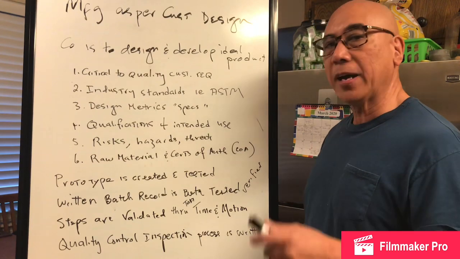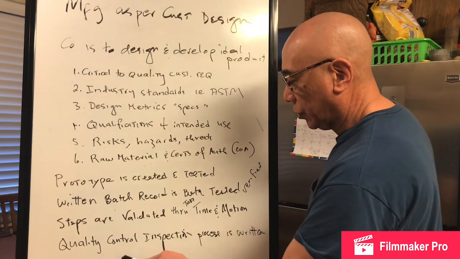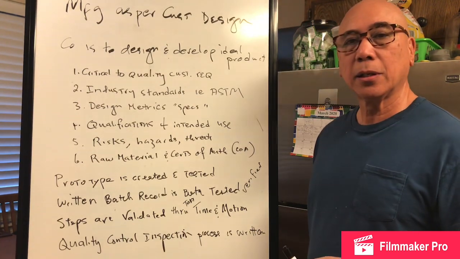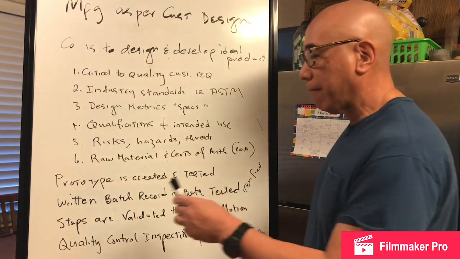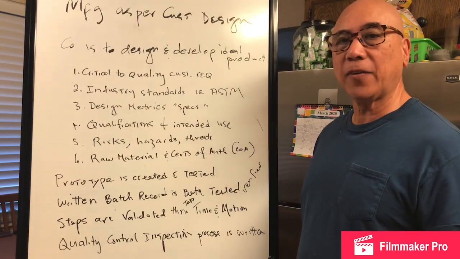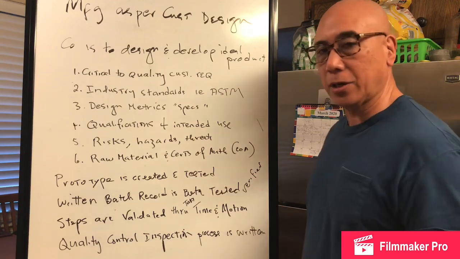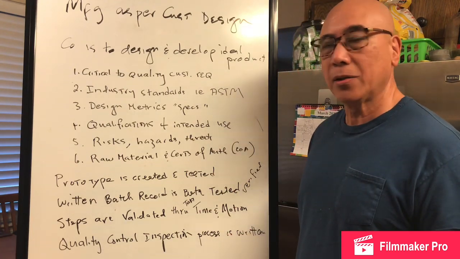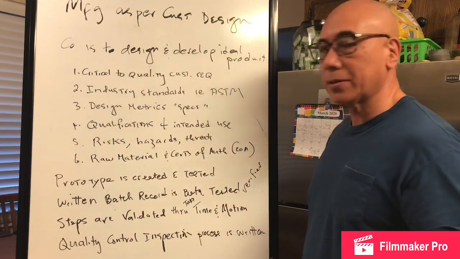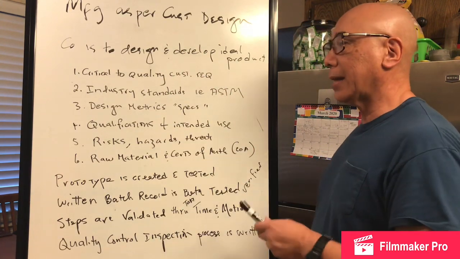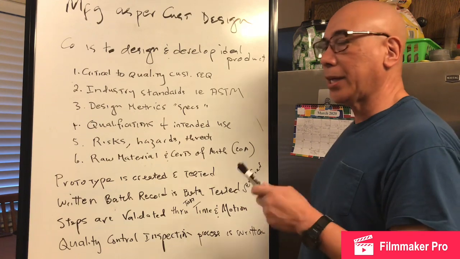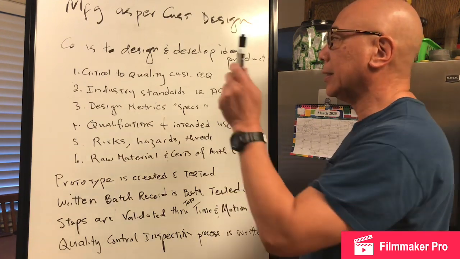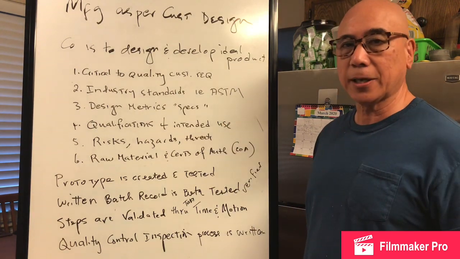Okay. Finally, a quality control inspection process must be written and followed so that it verifies and validates that the batch represented from that batch record meets all the qualifying standards. Okay? This is a basic cGMP 101 design and development process.